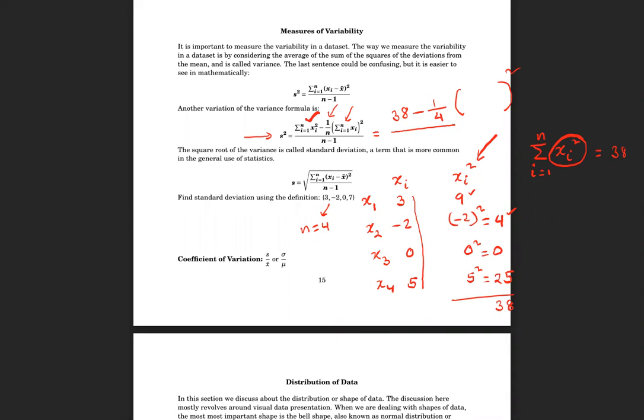Summation i is equal to 1 to n xi is in essence saying find x1 plus x2 plus x3 plus x4. That means you add the data points x1, x2, x3, x4. If you add these data points, you're going to get 8. So this is going to be 8 whole square, all of it divided by n minus 1, meaning 4 minus 1.